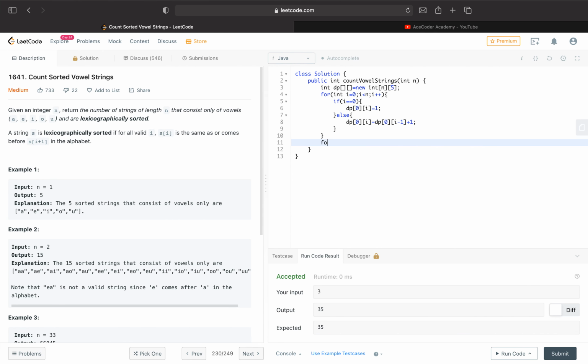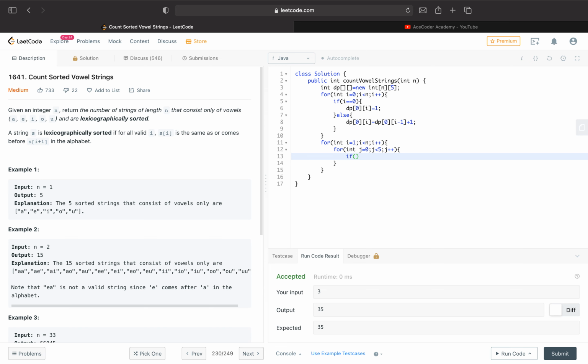So now we will be applying our actual logic. For I equal to 1, I less than n, and I plus plus, and for int j equal to 0, j less than 5, and j plus plus. So I is for rows and j is for columns.